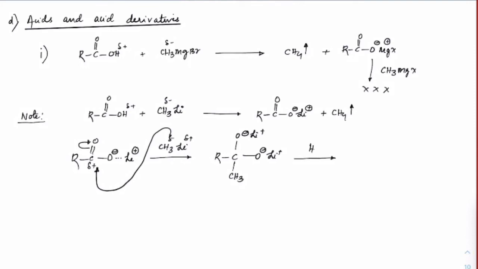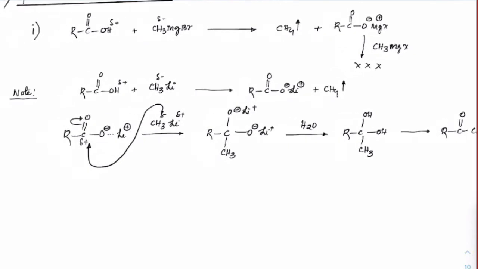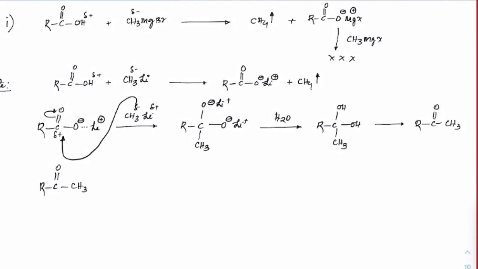And on hydrolysis we will get R C OH and OH CH3, which will further form R C double bond O CH3. Now once you have a ketone, ketones or aldehydes will react in an even easier way.